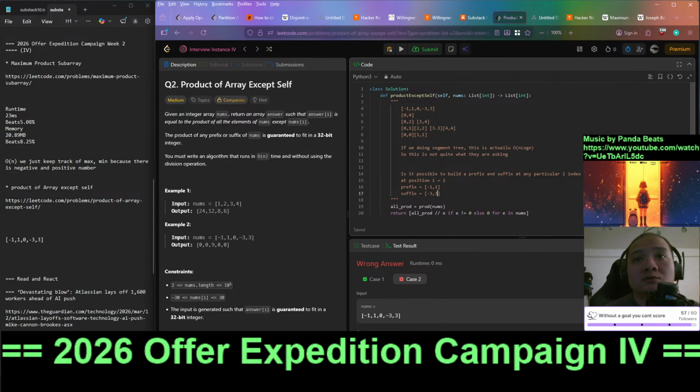Right, so this gives you -1, gives you -9, and this is -1 multiplied by 9 equals -9.